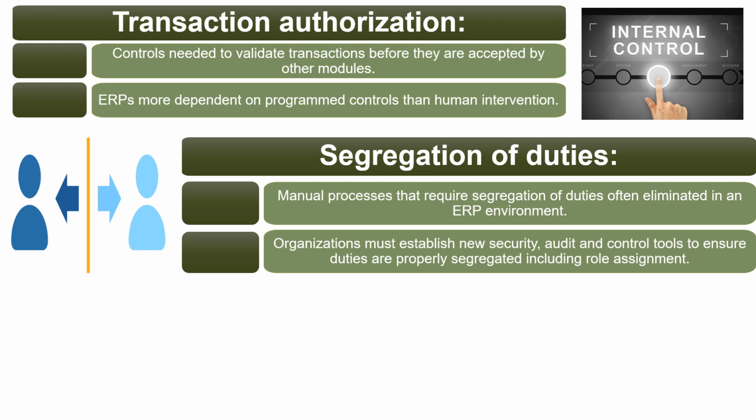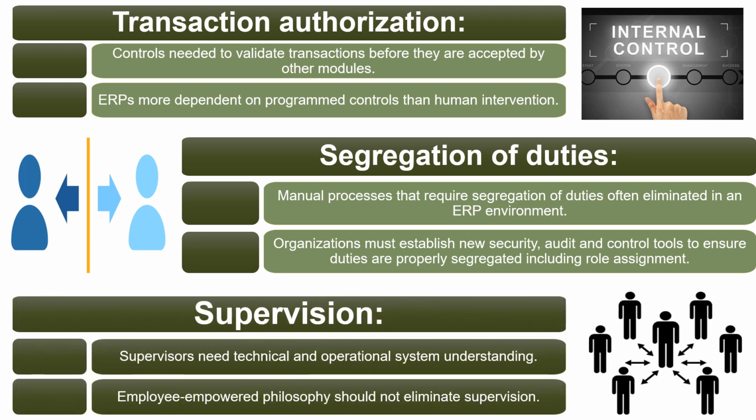So it is more IT segregation of duties. And then organizations must establish new security, audit, and control tools to ensure duties are properly segregated, including role assignment. Okay, then lastly, supervision.